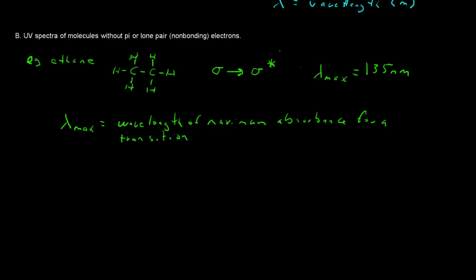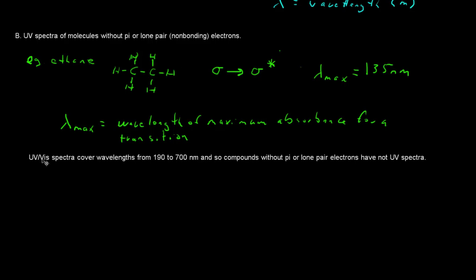And so clearly, this is not going to be visible in an ultraviolet visible spectrum because the wavelength is simply too low, and that's typical of sigma to sigma star transitions. This is why compounds that do not have pi electrons or non-bonding electrons are invisible in UV visible spectra. You just simply get a flat line.